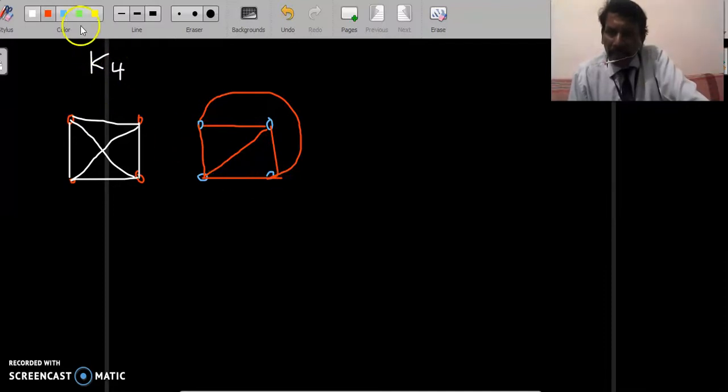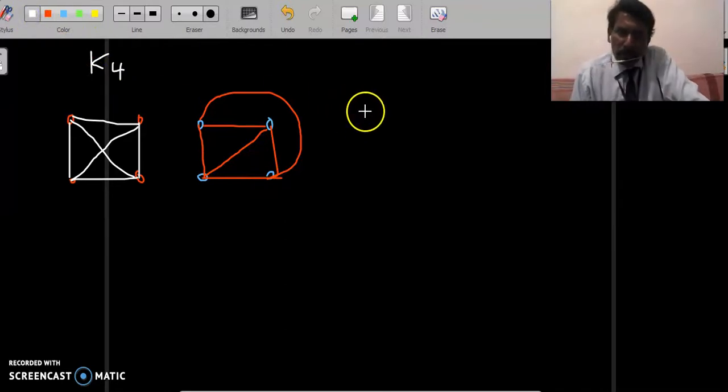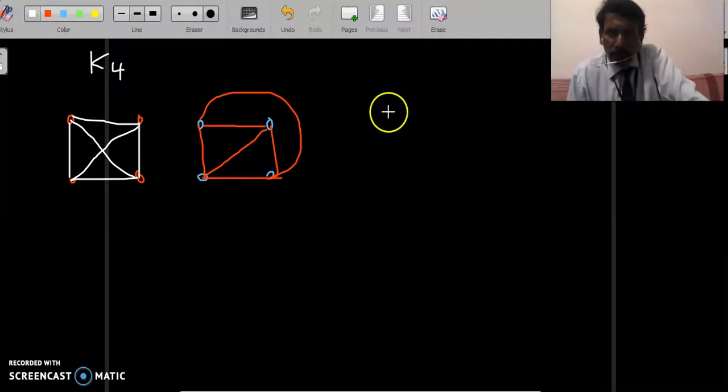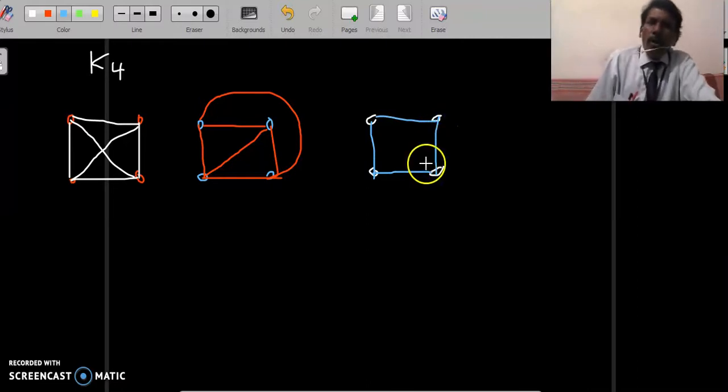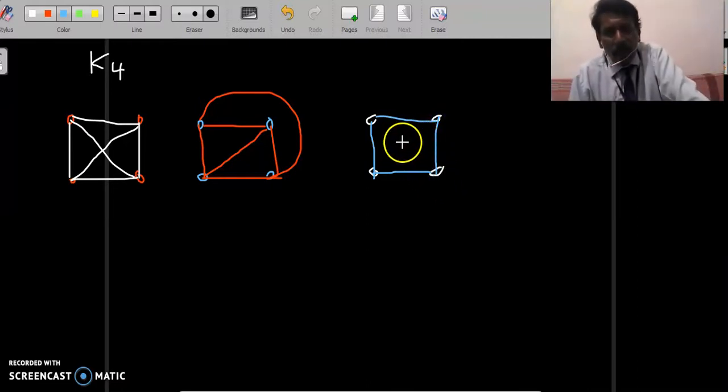Another way I can draw it is like this. How is that? Now closely watch this. This is one vertex, this is another vertex, this is the third vertex, this is the fourth. Now let me join all the vertices such that the edges are not intersecting one another.